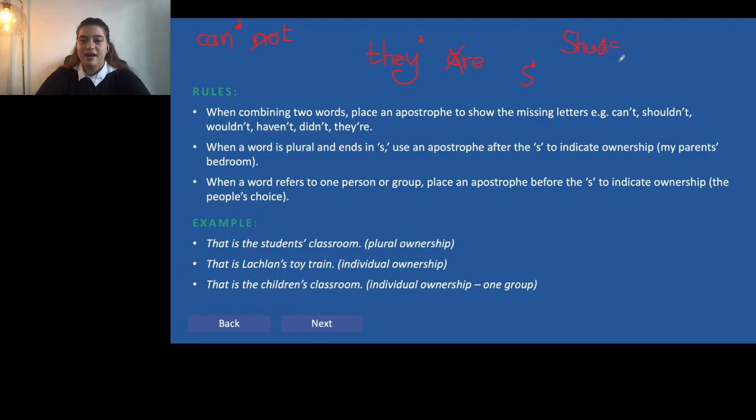So, apostrophe S. Move that apostrophe, Miss River. Oh, we're learning with the new pen. Very exciting. So this one is a good one. Shua's drawings. Now, let's say that Shua's name was something else, like James. James already has an S at the end of his name.